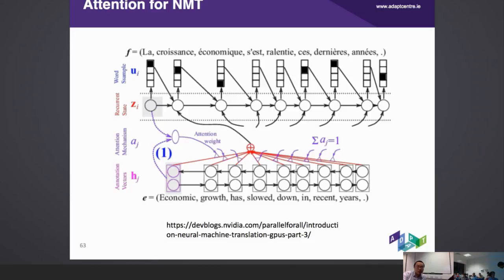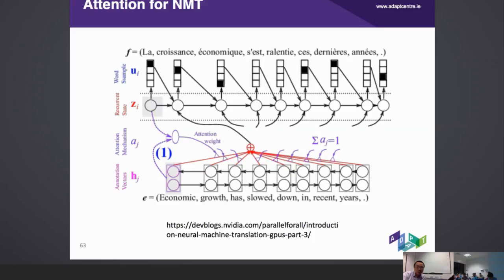That means for this word, it is strongly connected to some of the source words, but weakly connected to other source words. So we have a weight between the target word and the source word. So how do we calculate the weight?